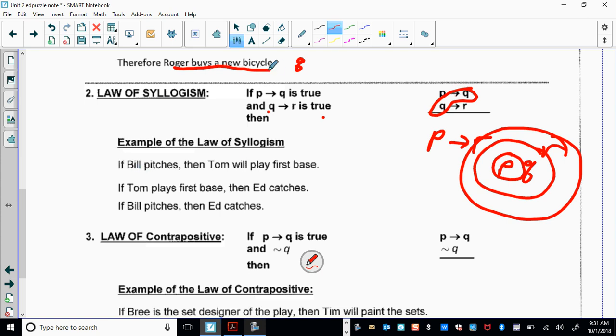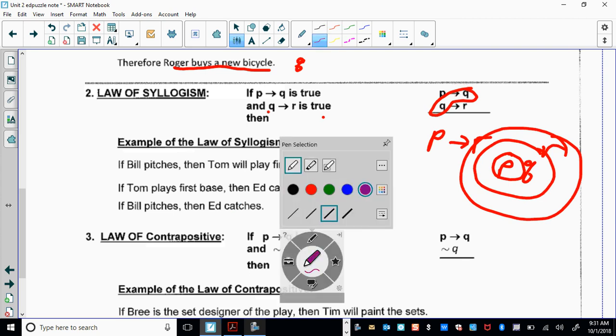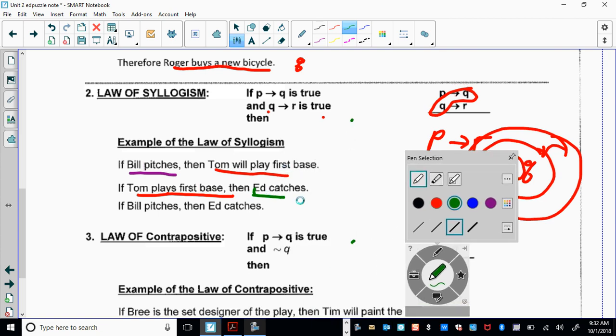So in this case, it kind of helps if you color code it if you want to, but if you don't want to do that, that's fine. So here is if Bill pitches, then Tom will play first base. You see how those two are the same? Then you can say Ed catches, right?